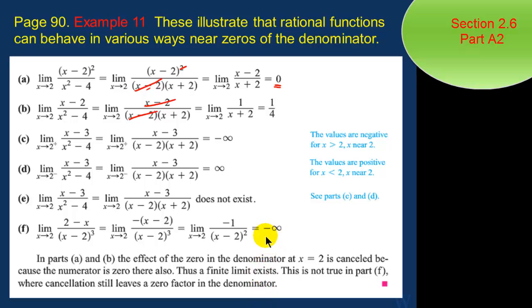You see, right there, as well as in C and in D. Okay, so the main thing to do is we take the limit as x approaches whatever makes the denominator 0, and then find out whether a limit exists or it does not exist, or they approach plus or minus infinity.